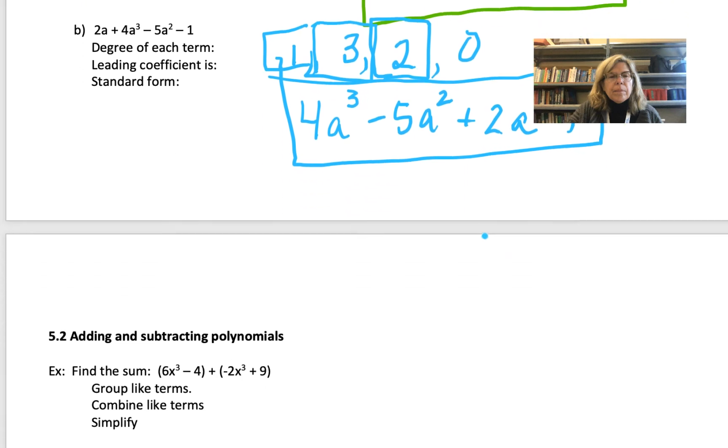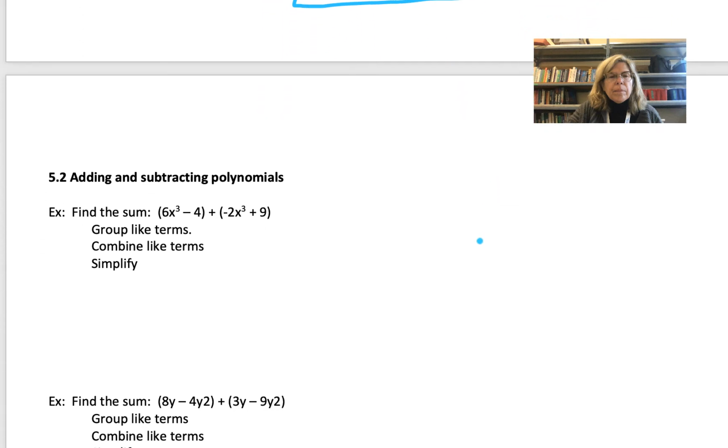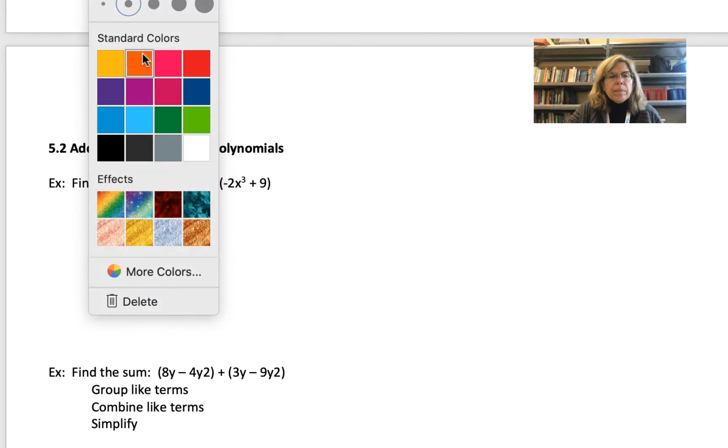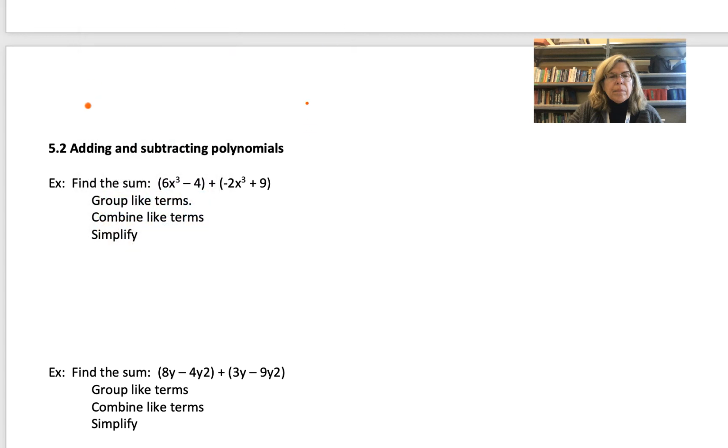Okay, so now let's get into a little bit of the adding and subtracting of polynomials. The question here says, find the sum of 6x cubed minus 4 plus negative 2x cubed plus 9. Well, what I like to do is, it says here, group like terms. So I like to group things together.